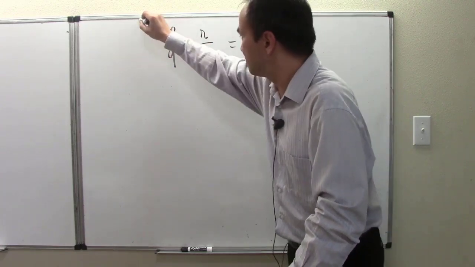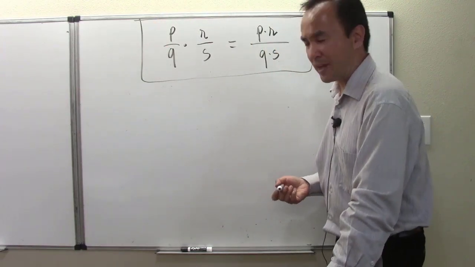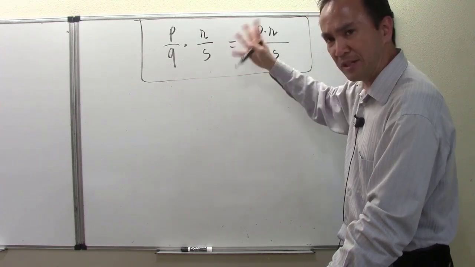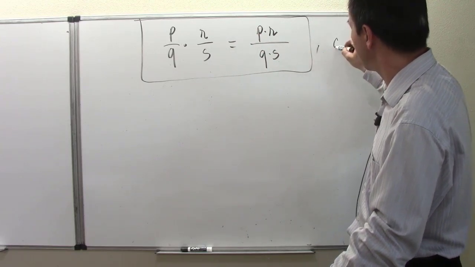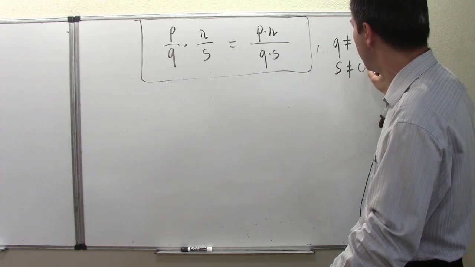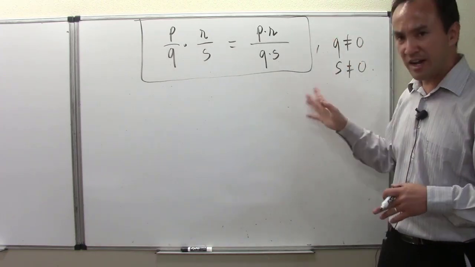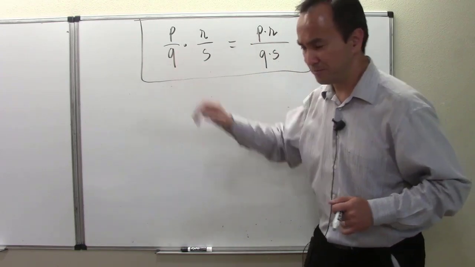This is the fundamental for multiplying any two fractions. Of course, I'm limited in board space, so allow me to skip these conditions, but textbooks will remind you that q has to be non-zero and s has to be non-zero. So neither q nor s can be 0.